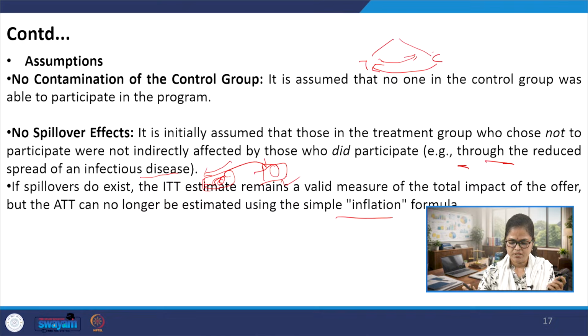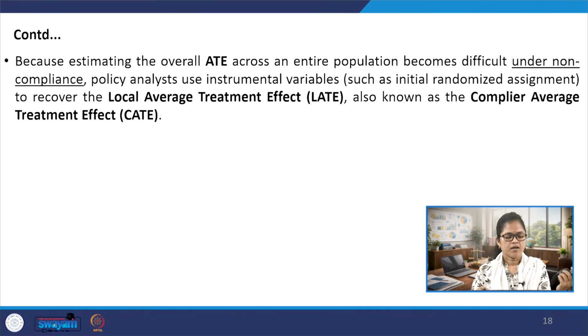And again, because we are trying to estimate the overall average treatment effect across the entire population, which is really becoming difficult under non-compliance, policy analysts use other methods like instrumental variables, such as the initial randomized assignment, to recover the local average treatment effect, also known as the complier average treatment effect.